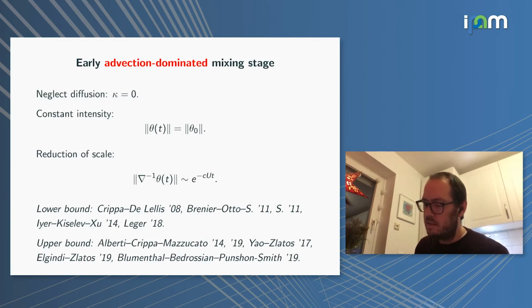And in fact, these bounds are sharp, and this is why I wrote the twiddle here. There are also upper bound constructions which satisfy this bound by Alberti, Crippa, Mazzucato, Yao, Zlatos, Elgindi, Zlatos, and recently also using a stochastic approach by Blumenthal, Coti Zelati, Gvalani, Pochon, Smith.